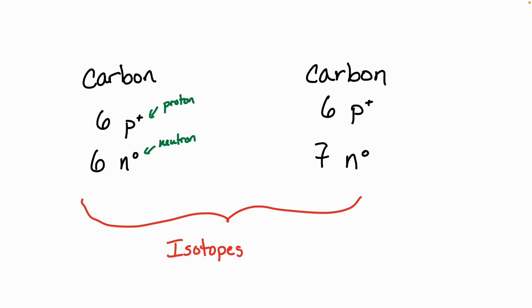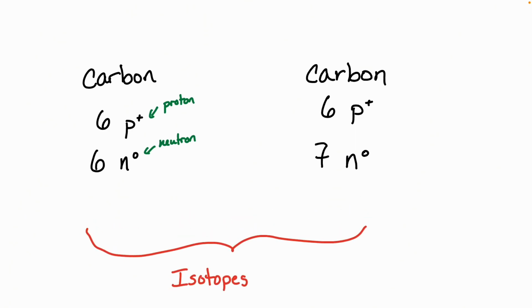So if we're talking about a specific atom, we want to differentiate between which one of these 2 isotopes we're talking about. So we have what we call the mass number.